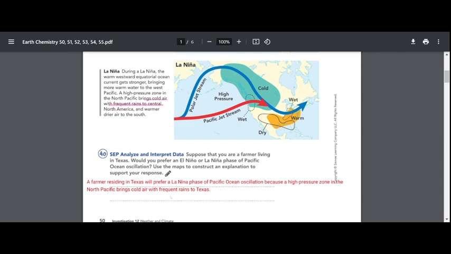So a farmer residing in Texas will prefer a La Nina phase of Pacific Ocean oscillation because a high pressure zone in the North Pacific brings cold air with frequent rains to Texas.